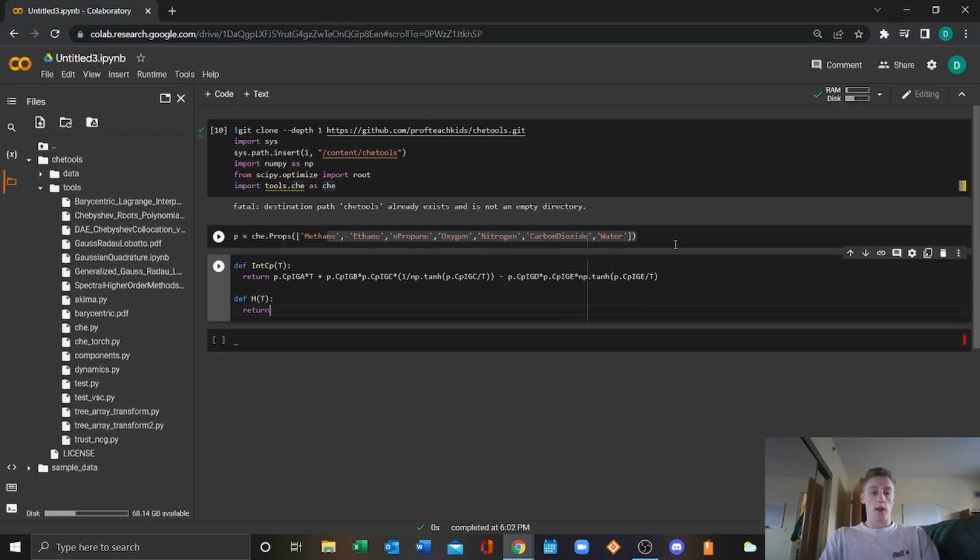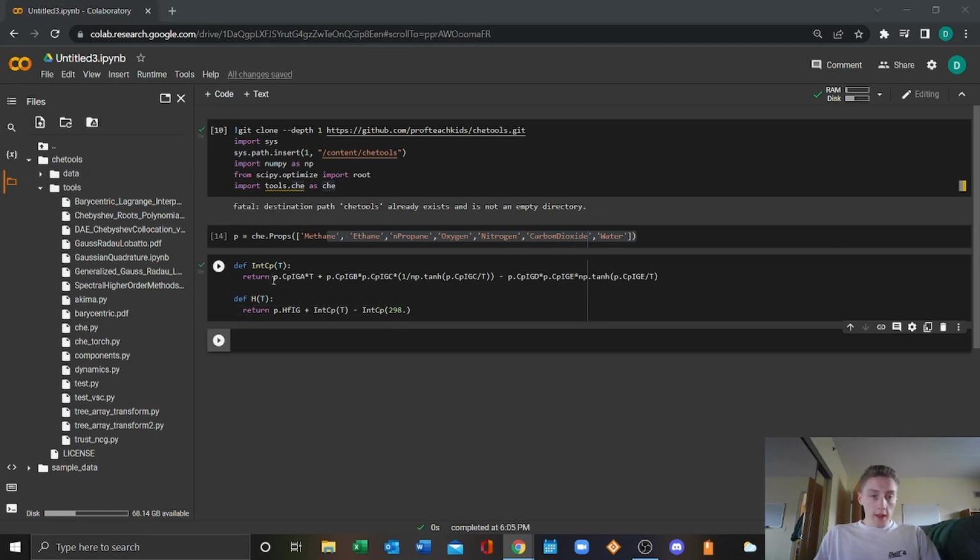What we want to return is what we're starting at, so the heats of formation: p dot H of formation of ideal gas, plus the function that we defined up here, our equation at whatever temperature our flame is at, minus whatever it was at room temperature, so 298 Kelvin.